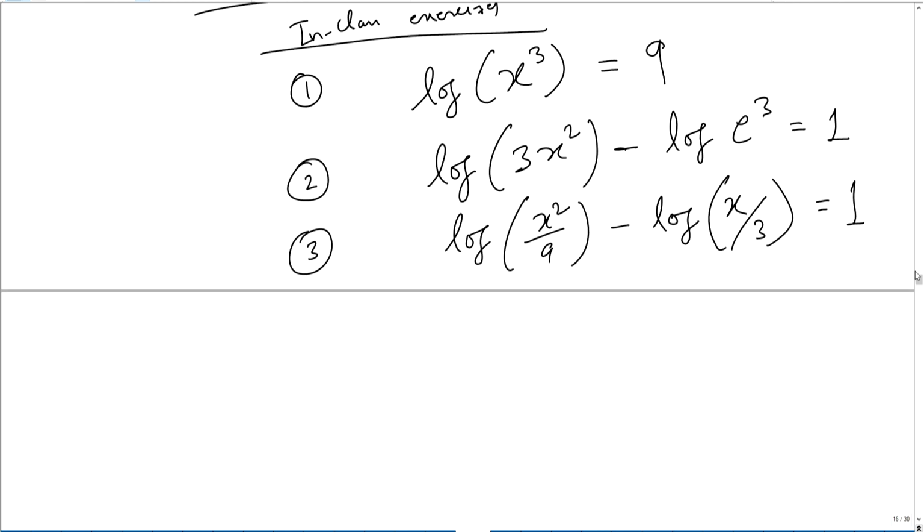So, try to solve these three problems. Let us try them one by one. You can stop the video and try to solve them. These are simple problems. Let us begin with the first.